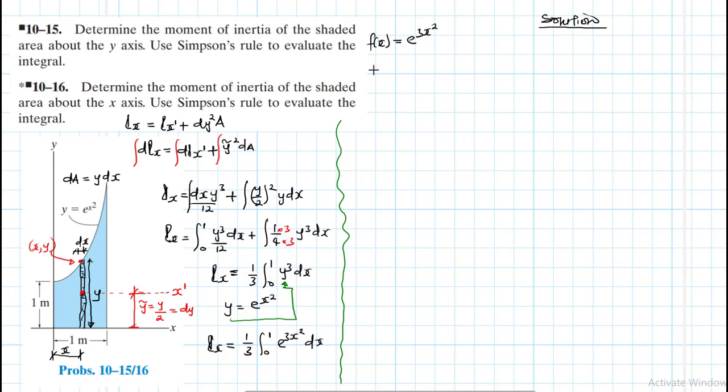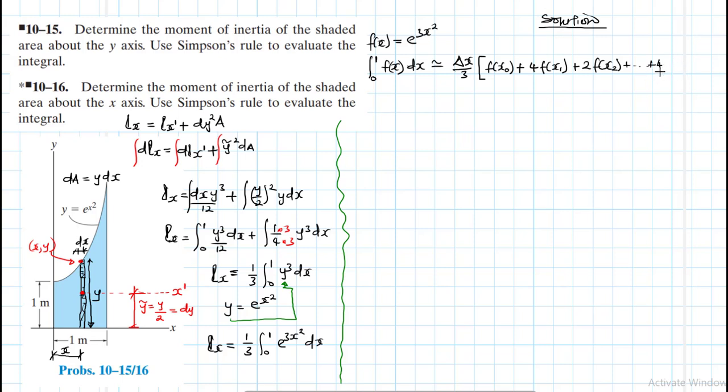Integrating using Simpson's rule from 0 to 1 of f(x) dx, this is approximately equal to delta x divided by 3, where we'll have f of x0 plus 4 f of x1 plus 2 f of x2, and we can go on, plus another 4 f of x3.